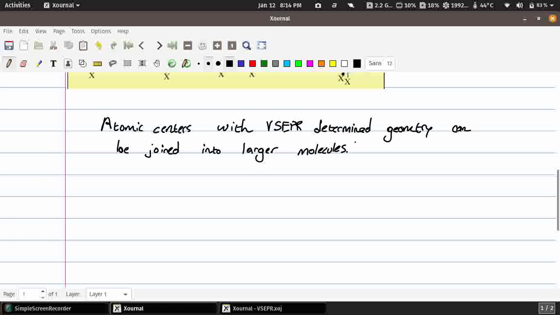Something like glucose, which is a 6-carbon sugar. So I'll draw out like a little rough sketch of that.